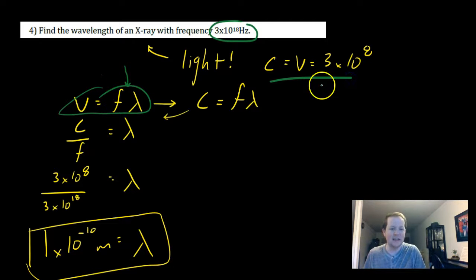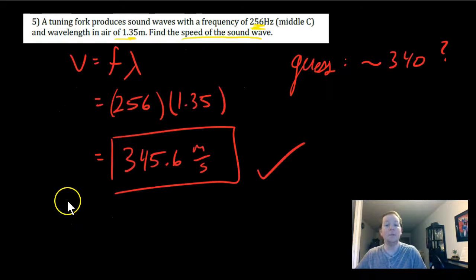Even though it's not directly stated, all light has a speed of 3 times 10 to the 8th. So even though it's a little indirect, I know two of these three terms. Again, I can solve for wavelength. Again, check your ability to put this in your calculator. I get 1 times 10 to the negative 10, still being measured in meters. That's 4. Number 5, a tuning fork.